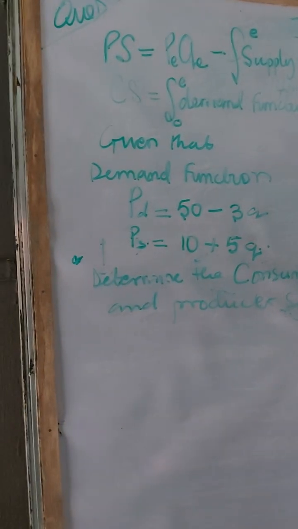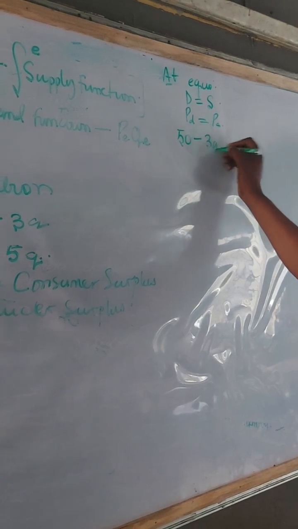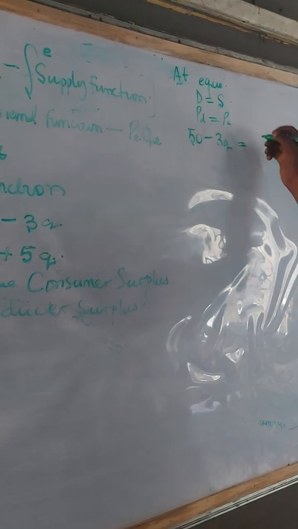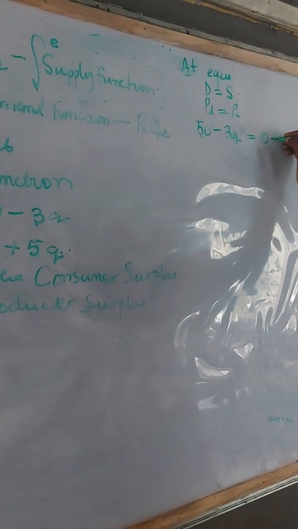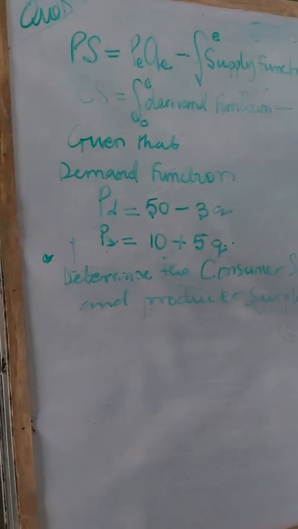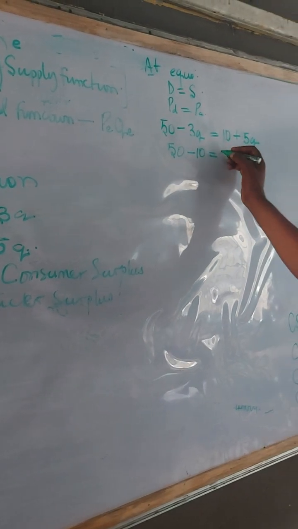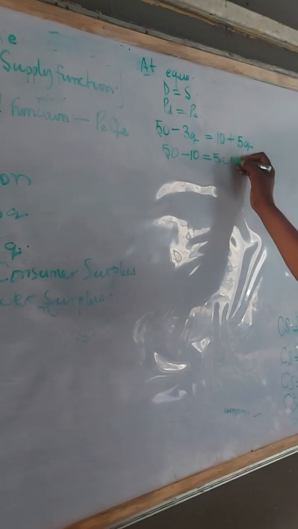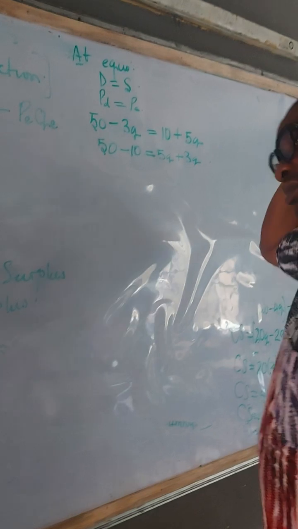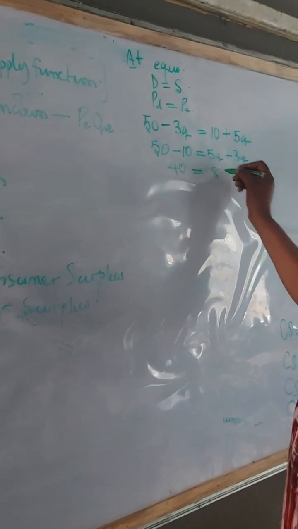PD has been given to be 50 minus 3Q, equals our PS, which is 10 plus 5Q. Collect like terms. What do you have? 50 minus 10 equals 5Q plus 3Q. Okay? Then we have 40 equals 8Q.